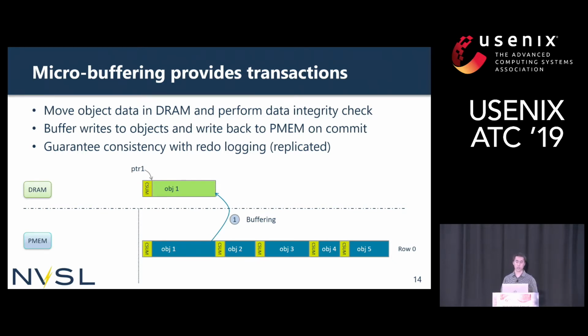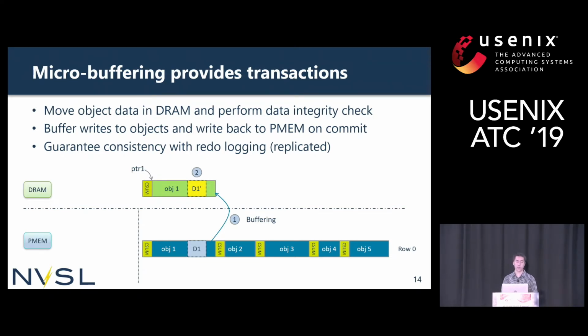If it traps a signal or finds a checksum mismatch, Pangolin tries to repair the object or the page using the parity row and other data rows of the same data zone. If the data is good, or it's successfully repaired, the application can freely modify this object as it does in conventional DRAM programming. This animation shows the application modifying a range of object 1, highlighted by D1.